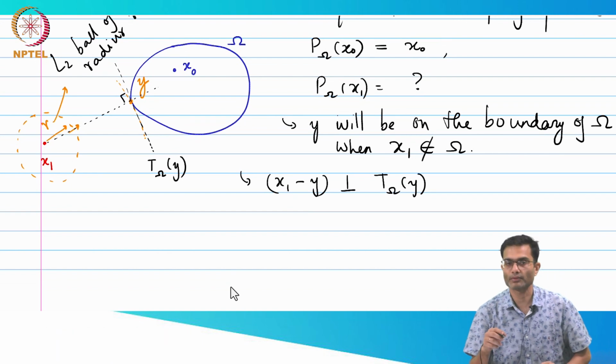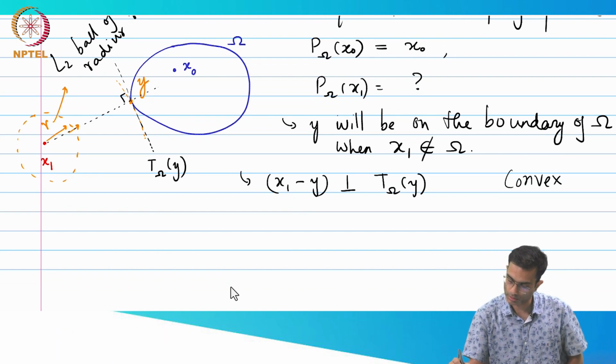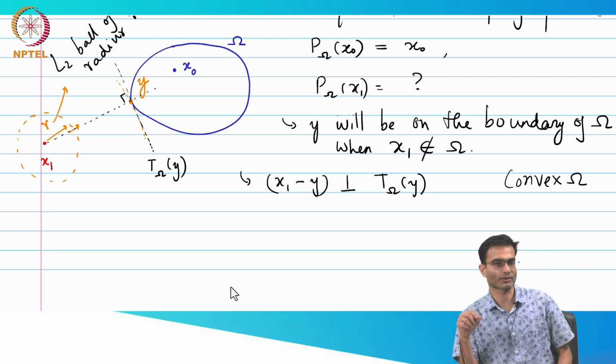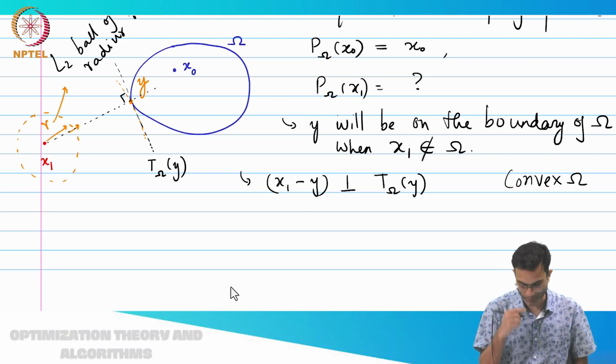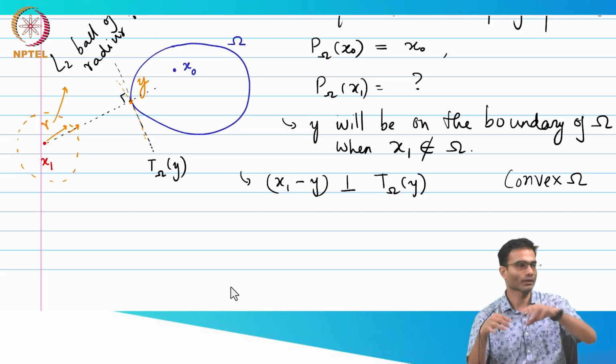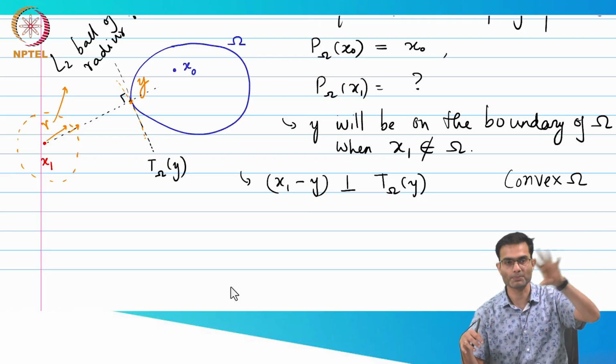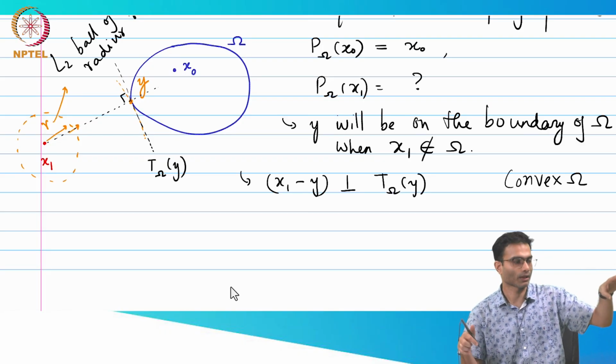Notice that I've written all of these properties for convex things. If the set is not convex, all sorts of strange things can happen, right? Let me draw it.